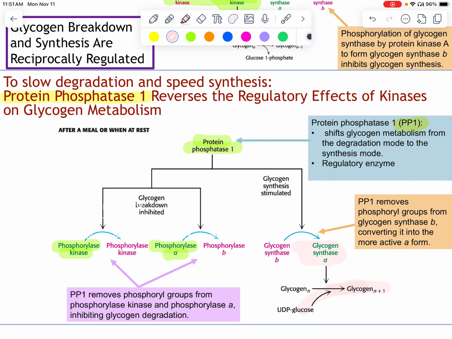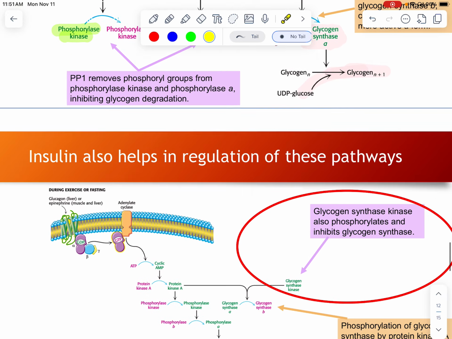All right, so when we have plenty of glucose to be stored, we're going to activate this protein phosphatase. Okay, and it's going to dephosphorylate all three of these, right? The phosphorylase kinase, the phosphorylase, and the glycogen synthase. For two of them, it deactivates it. For the third one, it activates it and allows us to store that glucose, I'm sorry, that glucose as glycogen.